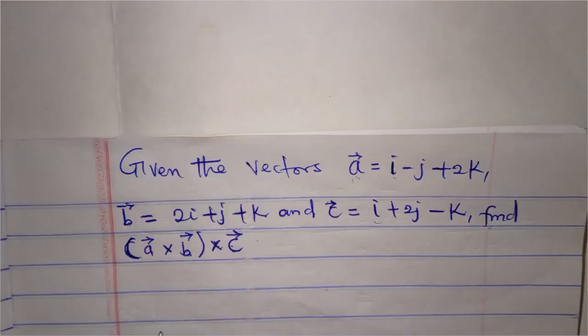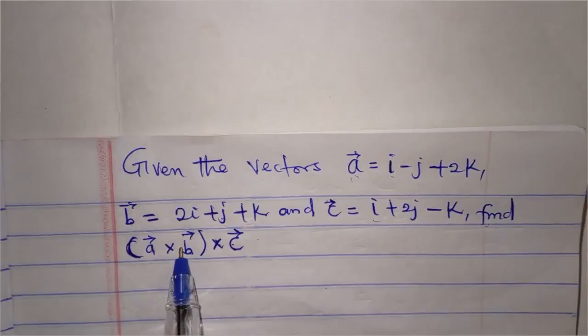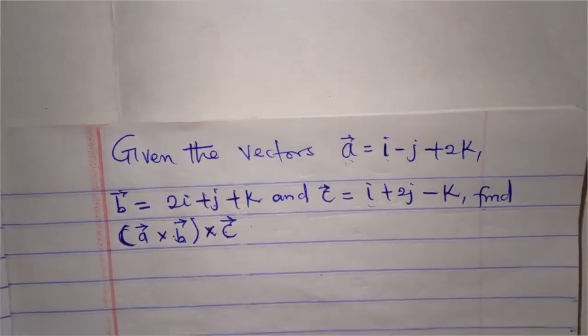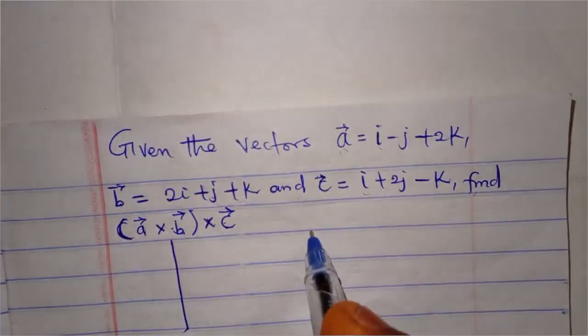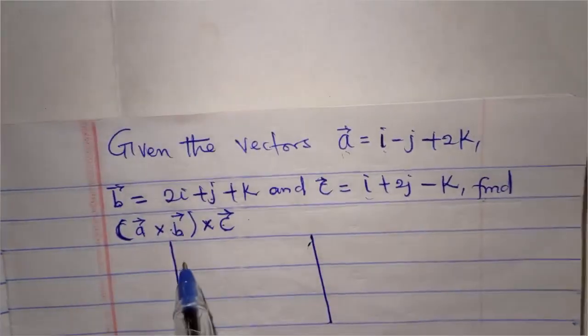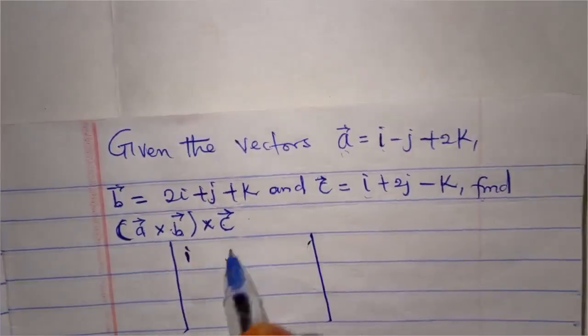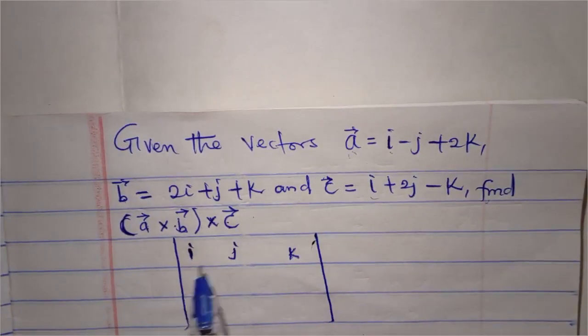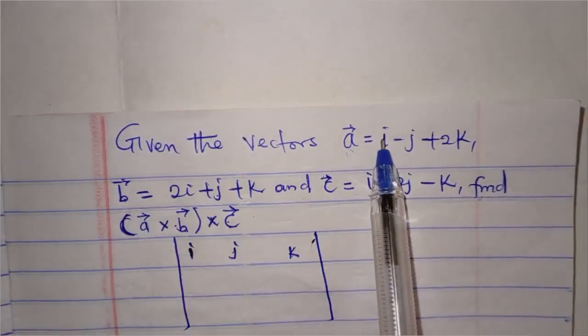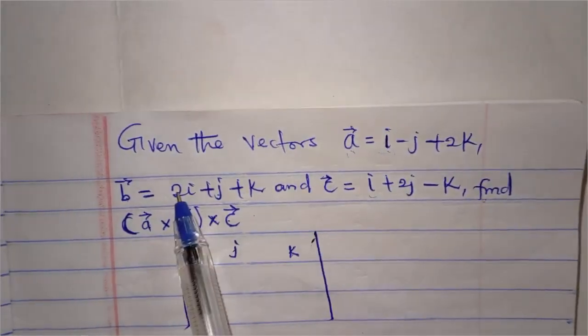First of all, we are going to determine the cross product of A and B. We have i, j, and k. The coefficient of i for A is 1, for B it is 2.